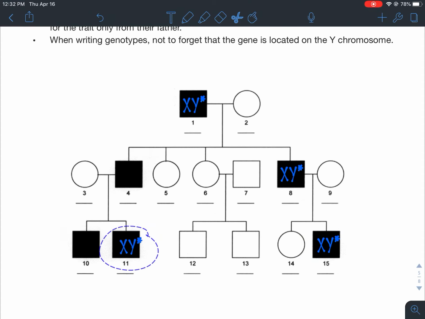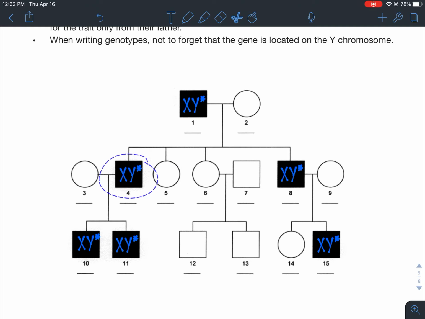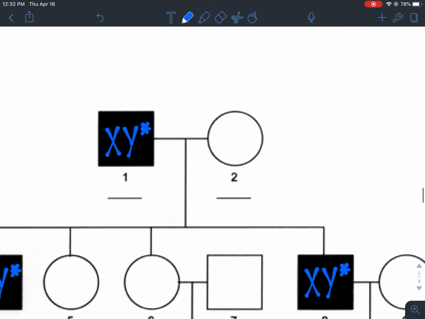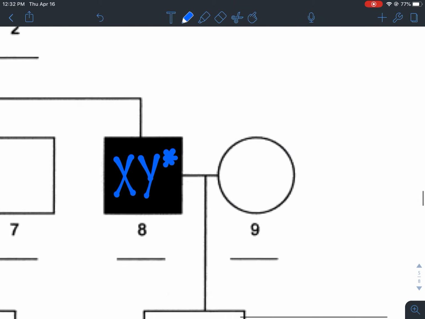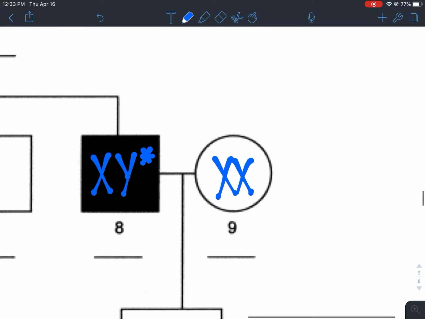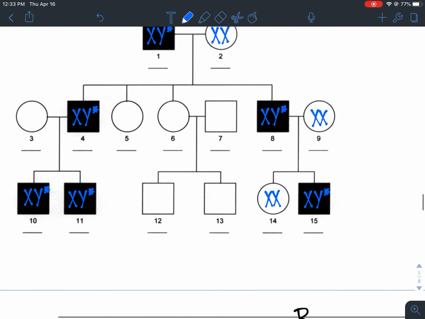Notice on there that it's only the guys that are showing up with the trait, right? This is not something that can be passed along to the daughters. Now, the next thing I like to do is fill out the females on this. So the females would just be carrying their two X chromosomes with other information on it. It's not something that we have to worry about, but we're just putting down XX for all of those.